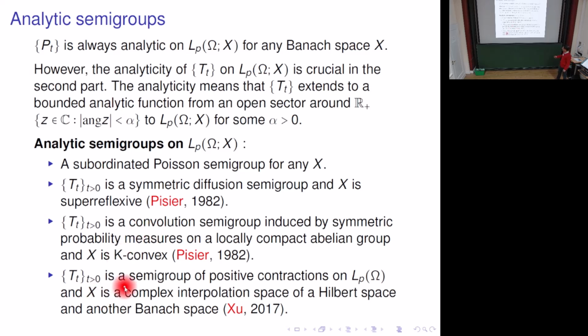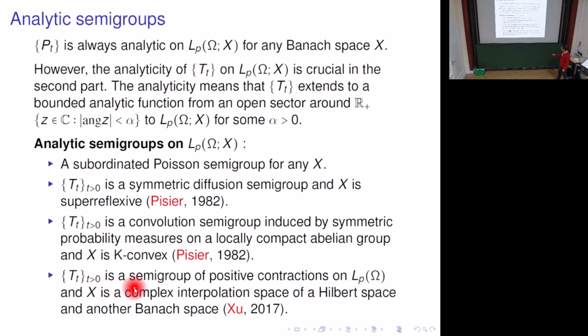And I proved some years ago, in our case, if the semigroup is just a positive contraction on L^p for a fixed p, the assumption on the semigroup is very weak, I think the weakest possible. But we have to assume the Hilbert space in this case. I forgot to mention also analytic. The semigroup itself in the scalar case is analytic.